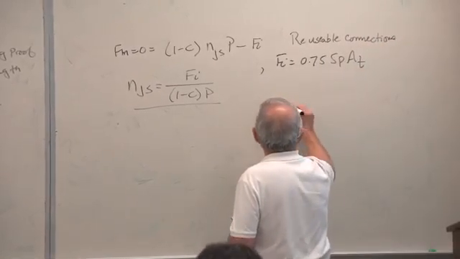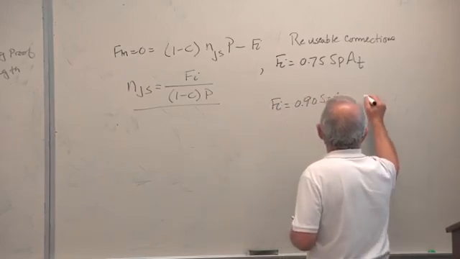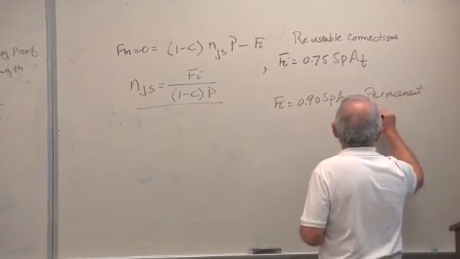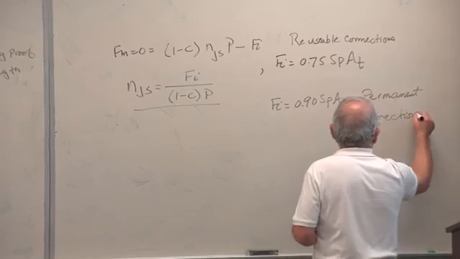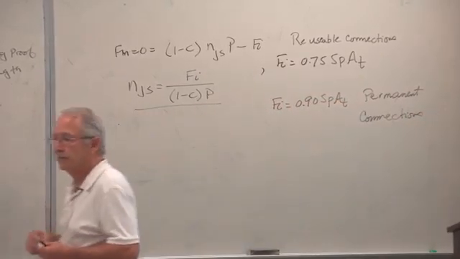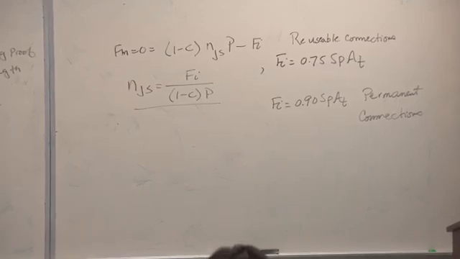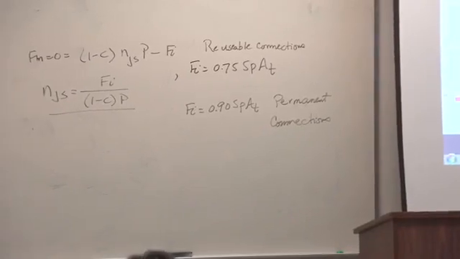Then Fi equals 90% of SP AT for permanent connections. This is in the absence of anything else. If it is already given, then that's what you use. Any questions?